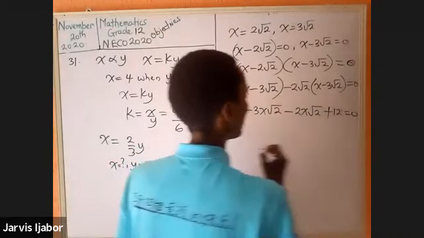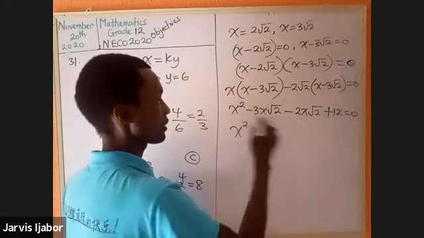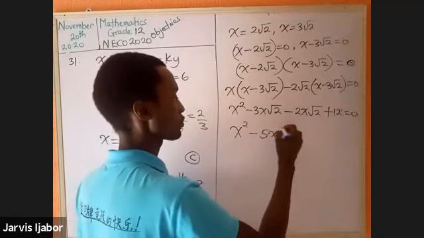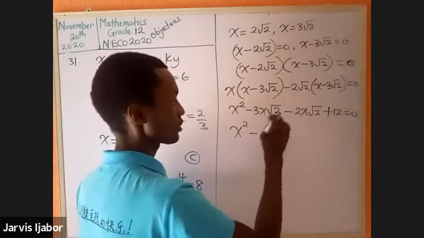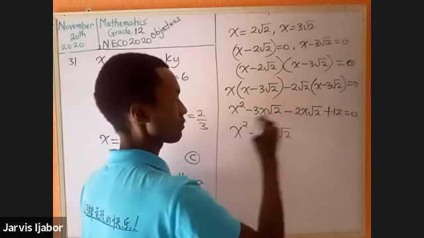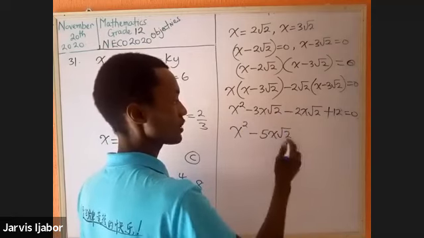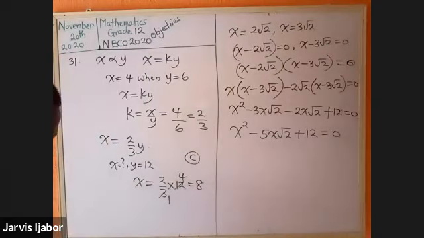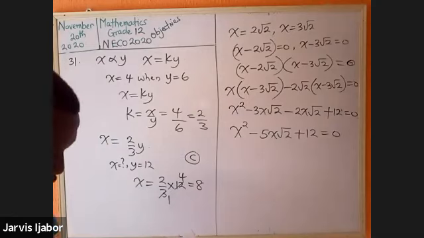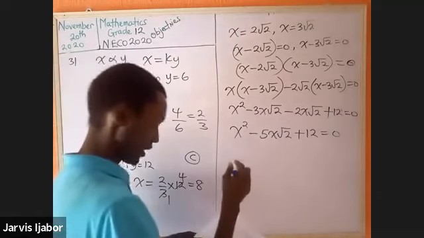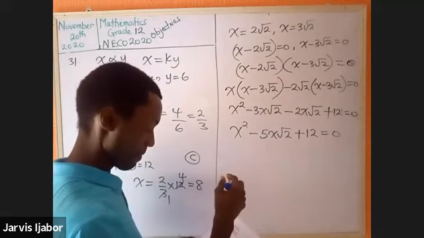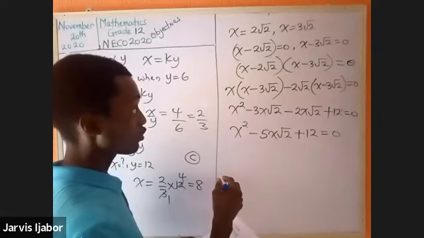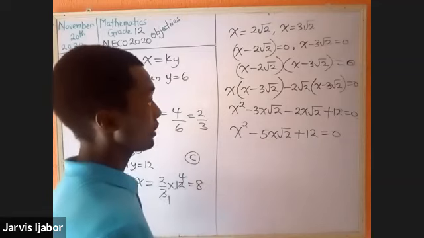And as such, x squared minus 5x root 2, since minus 3x root 2 minus 2x root 2 will give me this, plus 12 equal to 0. So that is the equation we are told to look for. And if you see something they've done here, they've been a little tricky in their option.